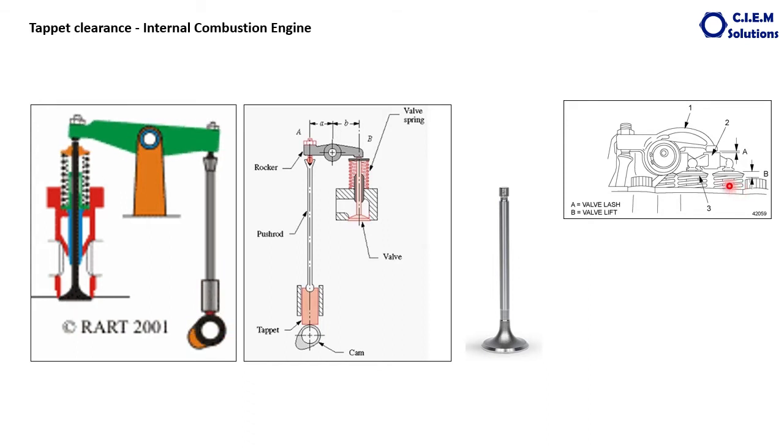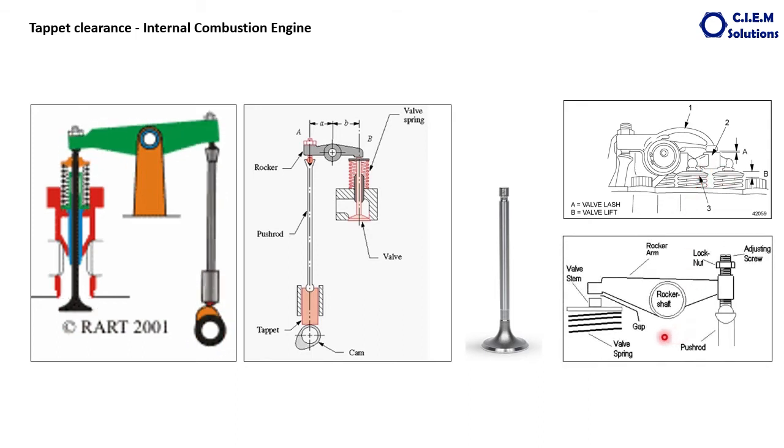This is a kind of valve arrangement, and this is another kind of valve arrangement. The gap I explained here, that is valve lash, you can see here. This is the gap we have written here.